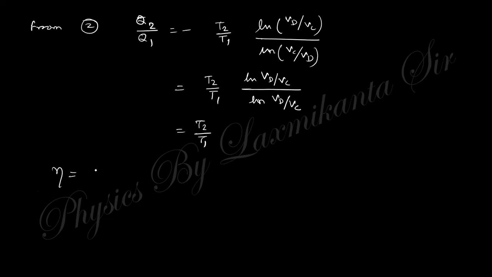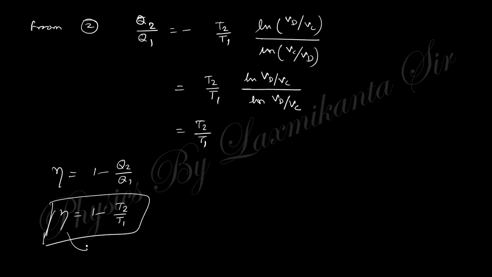So eta is nothing but 1 minus Q2 by Q1, that is 1 minus T2 by T1. This is the efficiency of the Carnot engine in terms of temperature; the earlier form is in terms of heat and this is in terms of temperature.